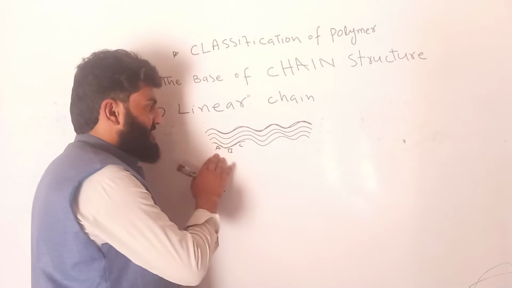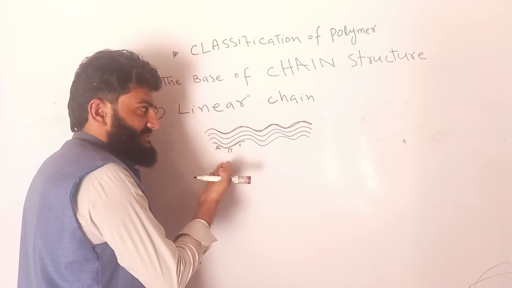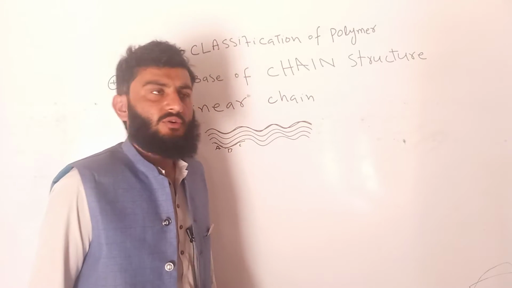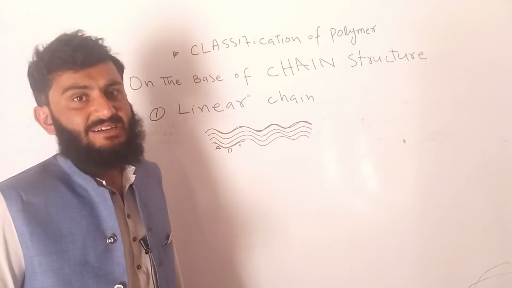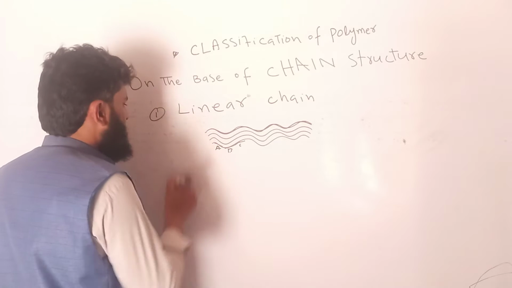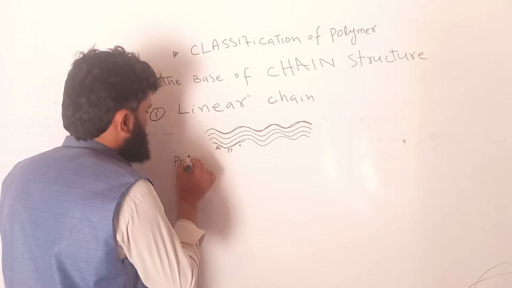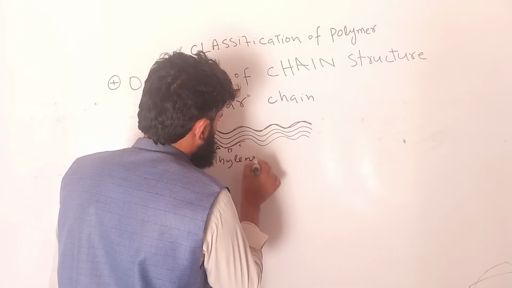So when the polymer chains are arranged with respect to each other linearly, then such polymers are known as linear chain polymer, clear? For example, polyethylene, clear?